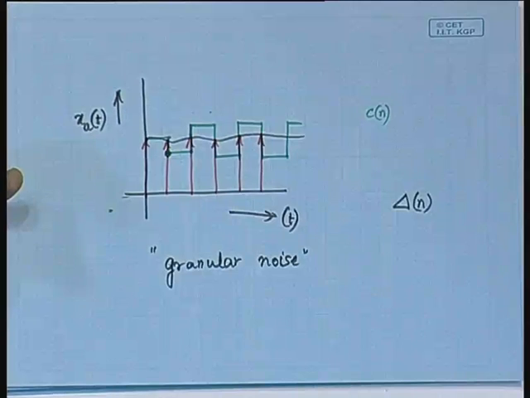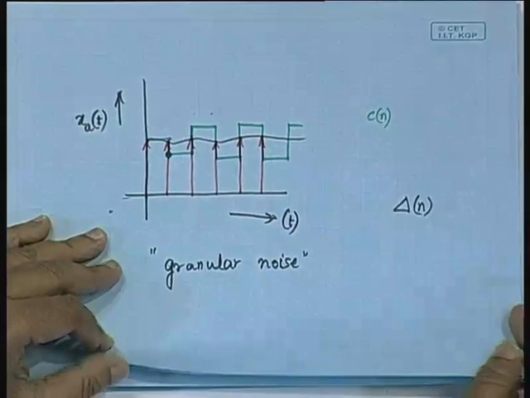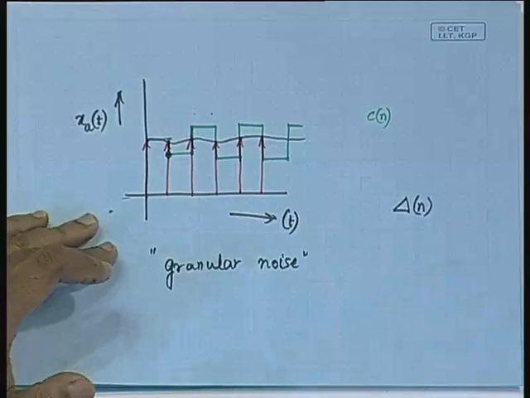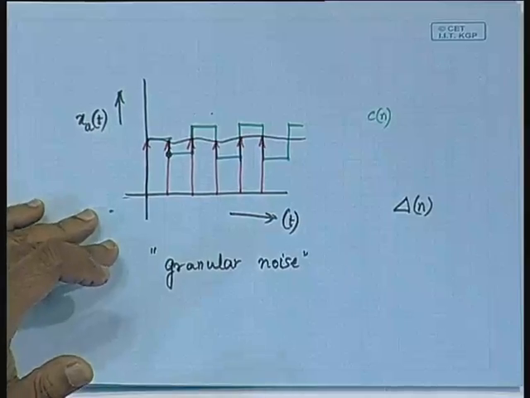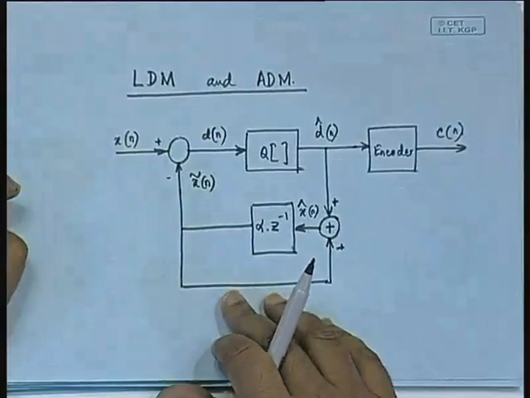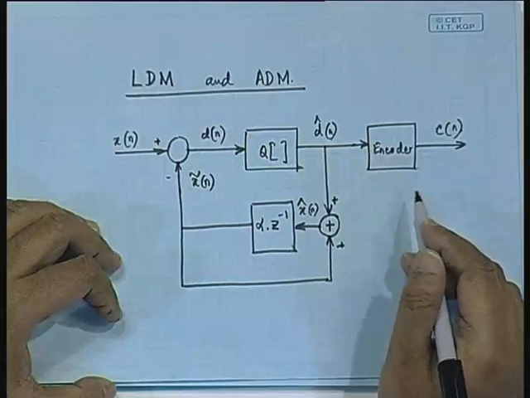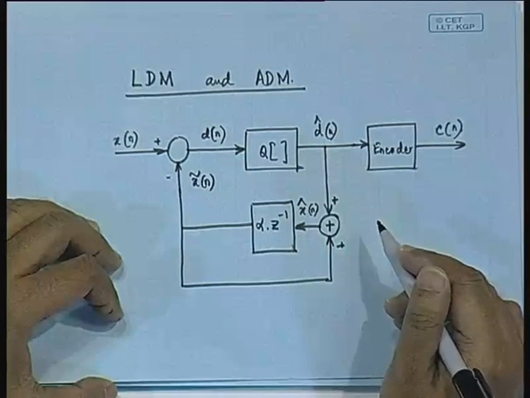The first thing is, block diagram wise, I suppose you can make a guess what change we are going to have in the block diagram. So let us look at the original block diagram of the linear delta modulator. This is the block diagram of the linear delta modulator. Now what are we going to have?